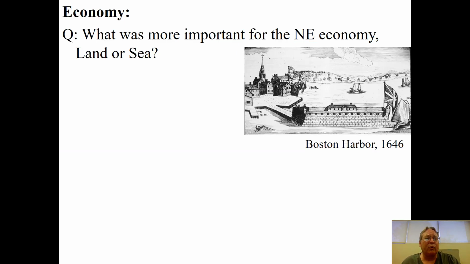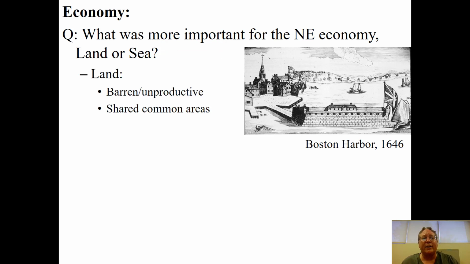Now, of course, as I mentioned before and in previous lectures, trade is the important part of it. Being able to make money somehow, right, is going to be incredibly important. It's what's going to lead Boston to being one of the largest cities in English North America from almost the very beginnings of its establishment.